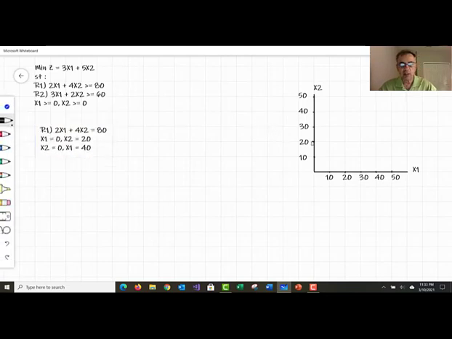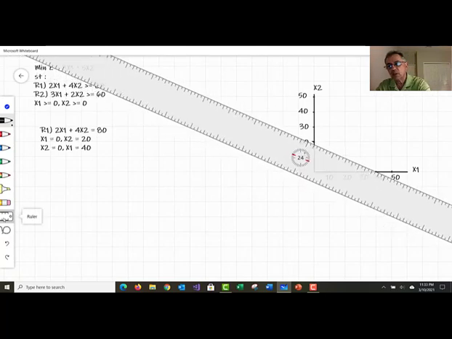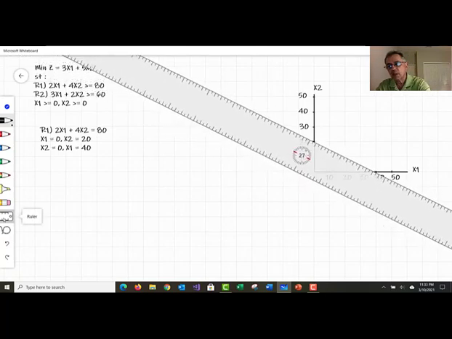First identify them. There is x1 equal to 0, x2 equal to 20, which is right here, and x2 equal to 0 and x1 equal to 40, which is here. I want to connect those 2 points. So I move my ruler here, like so, and then draw the line.